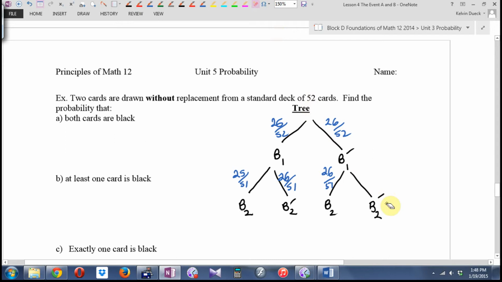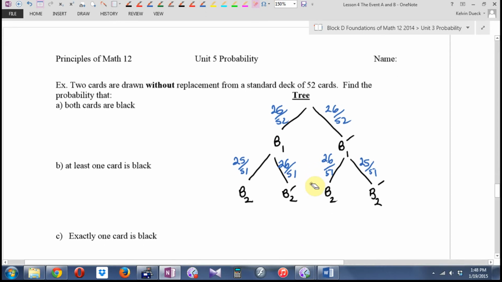How many red cards are left in the deck? 25. Out of? Are these 2 branches identical? Well, they have identical fractions, but are the fractions in the same spots? Then you know what? These are dependent events. They are not independent. To me, that's the best check.